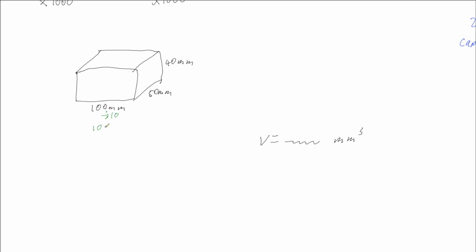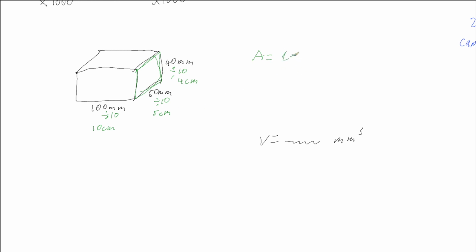So I'm going to get 10 centimeters, 5 centimeters, 4 centimeters. And then I can go and get the area. Let's say I use this rectangle this time as my area. So I've got a 50 by 40 rectangle.